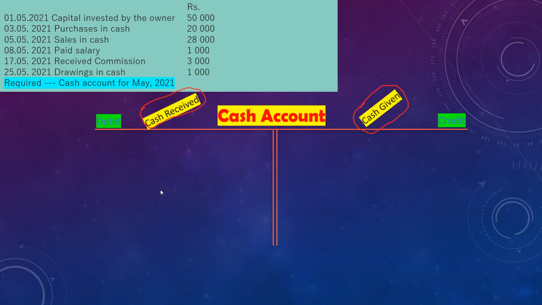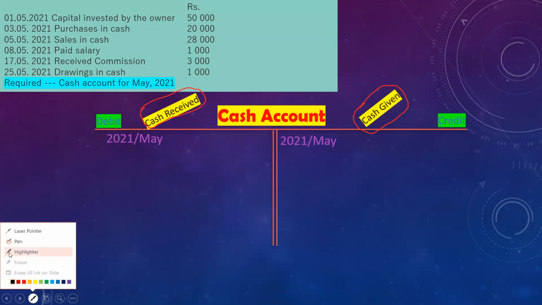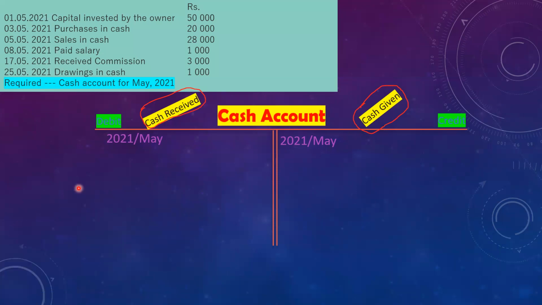So on both sides, you have to mention the year and month first. Debit side, in this corner. Credit side, near the double line. 2021 May.